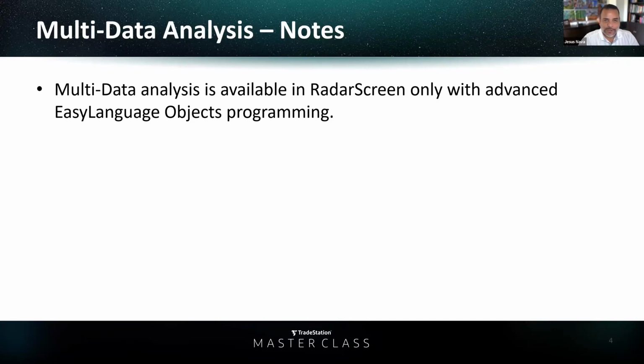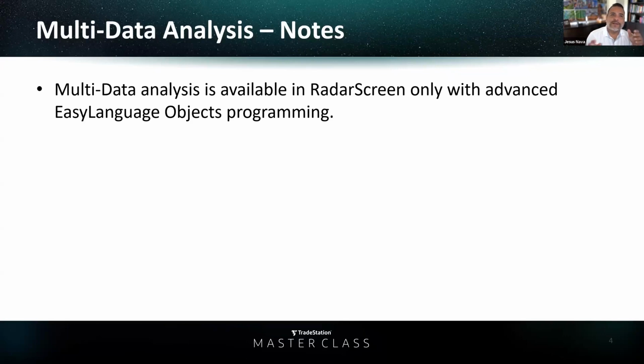Multi-data analysis is also available in RadarScreen. We're going to look at an example that uses multi-data. It's a little bit more complicated because in RadarScreen, you cannot use data from a different row. RadarScreen is like a quotes window, and all the symbols are listed in rows.